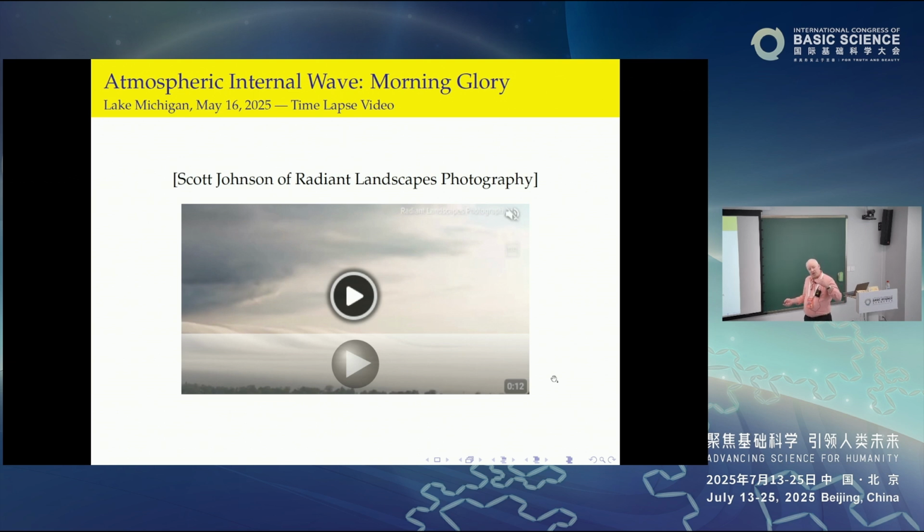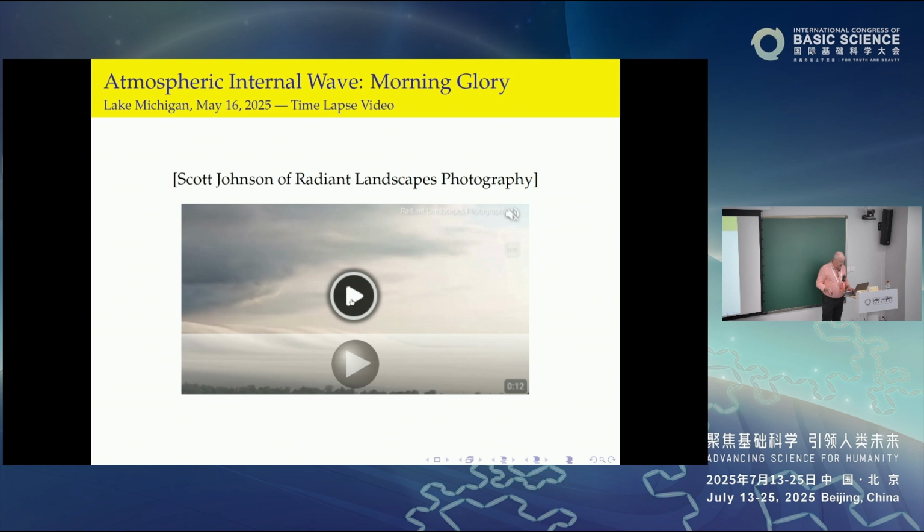The idea is that this interface, this pycnocline between the fluid layers, if it's in the atmosphere, can attract cloud moisture. Then you can see where it is. You can see the elevation peaks as locations of the clouds. If you see some kind of interesting motion of the clouds, you may interpret this as an internal wave. This is a movie I want to show you of such an internal wave.